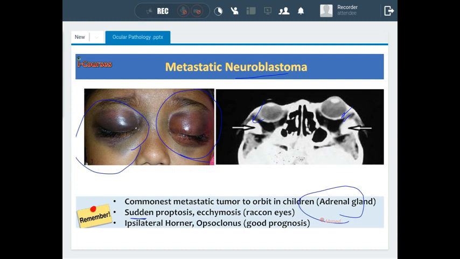It carries a good prognosis. So the patient has abnormal saccades, vertical and horizontal, in all directions, present during wakefulness and absent during sleep, and this is called opsoclonus.